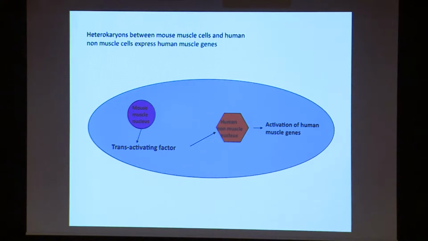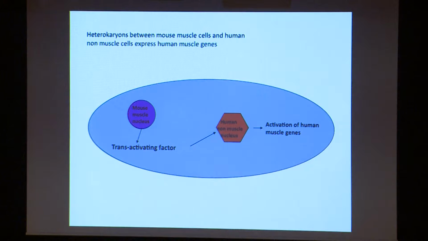And obviously, we have the tool to detect expression of the human muscle genes, and to distinguish it from the mouse muscle gene. And in this case, it was a specific myosin antibody directed against a human myosin.